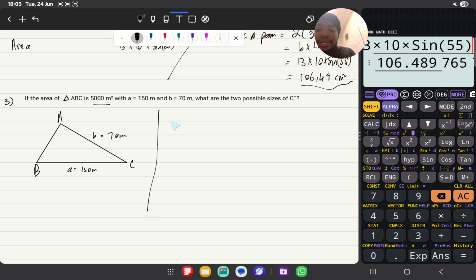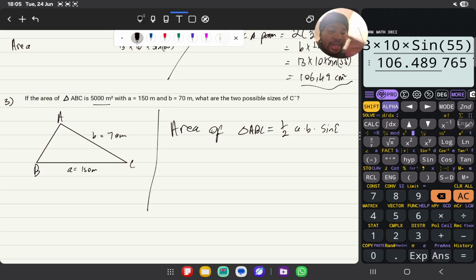So you would say the area of triangle ABC is equal to, I'll just check if I made a mistake by saying two possible sizes. So it's going to be half A times B times sine C, right?